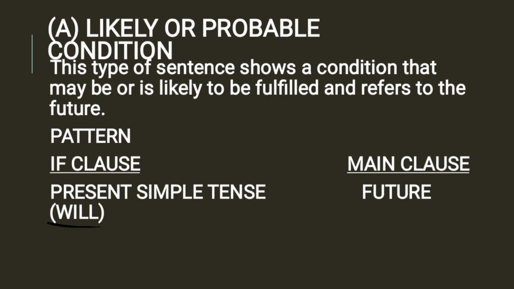Because we said if A happens, that is present simple. In the main clause, we said what? B will happen. So that is future tense expressed by will. Maybe you don't know the meaning of present simple tense. Present simple tense expresses actions that are done often, actions that are done repeatedly.